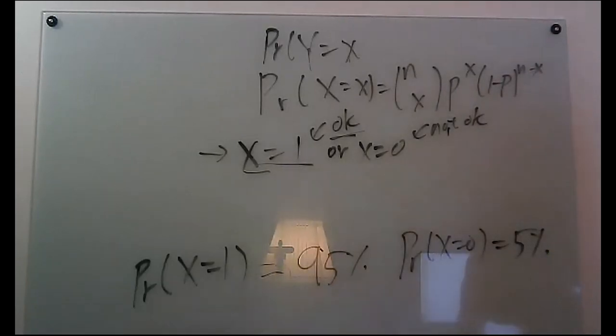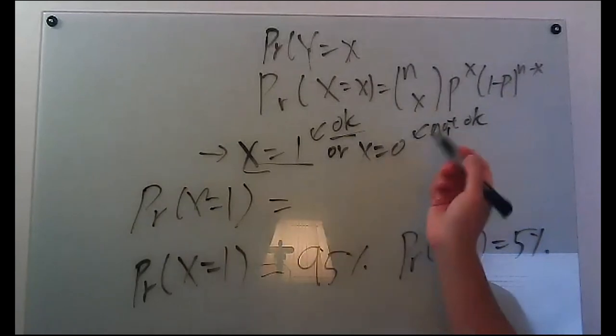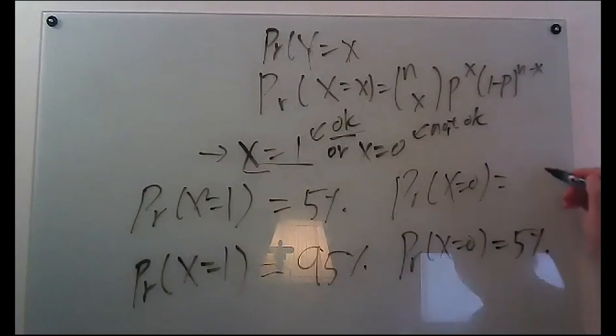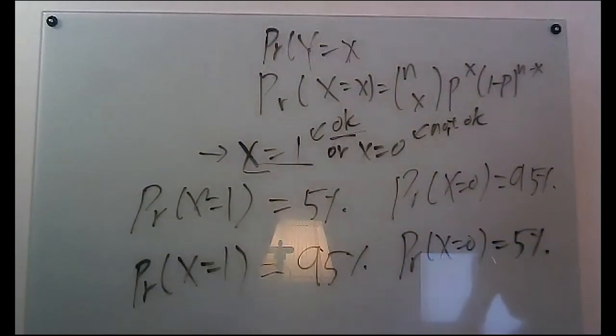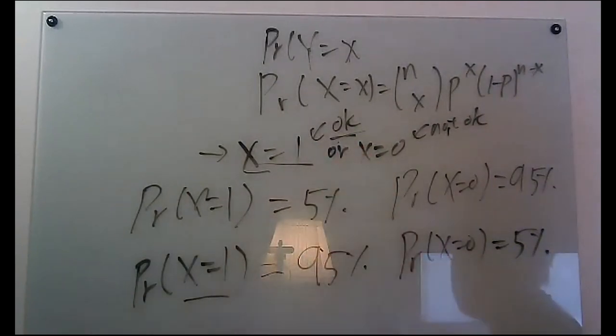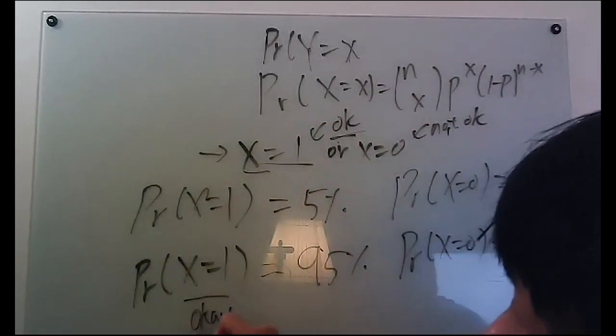Normally, in the class slide or here, you could set the probability of X equals 1 as 5%, and the probability of X equals 0 as 1 minus 5%, which is 95%. It's fine, but here X equals 1 means it's okay, so I set the definition that way. As I discussed in the class slide, make sure you watch the video, okay? I said the probability of X equals 1, the probability that the headset is okay, equals 95%.